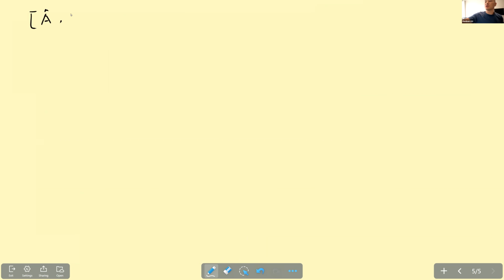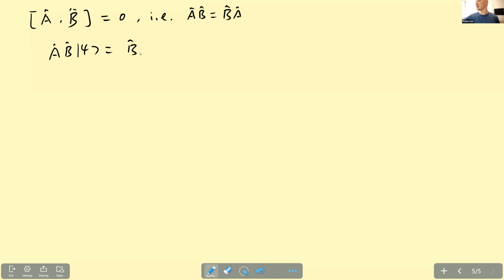So now if you have two Hermitian operators, and the commutator of A and B equals 0, that means A acting after B equals B acting after A for any states. So that basically means AB acting on the state psi just equals BA acting on the state psi, for any psi.